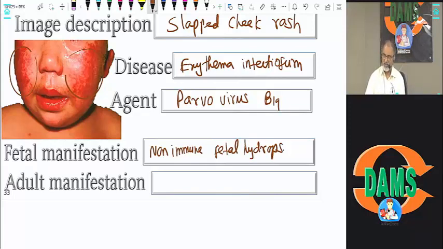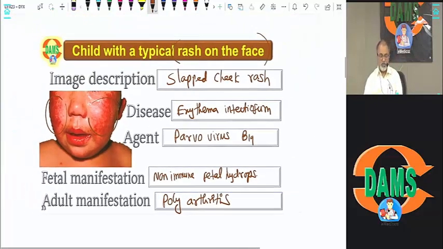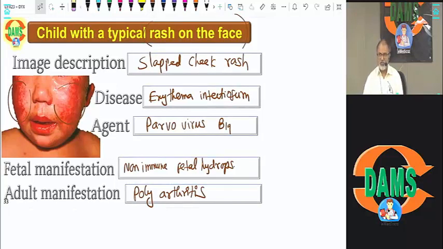Adult manifestation: in adults it causes polyarthritis. There is one more slide also, don't worry. Same thing will come one more time.